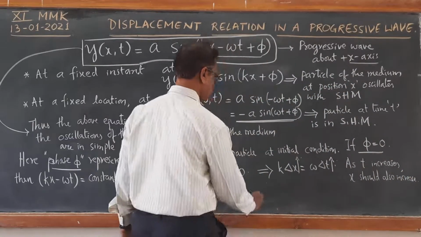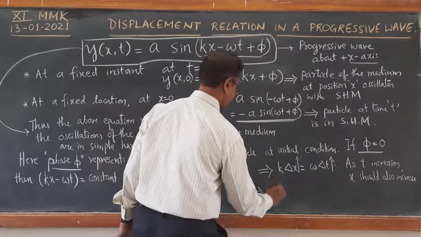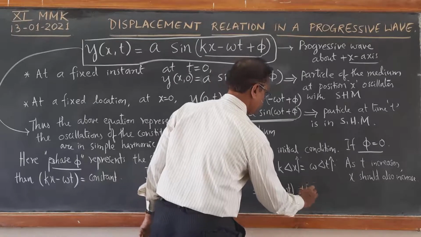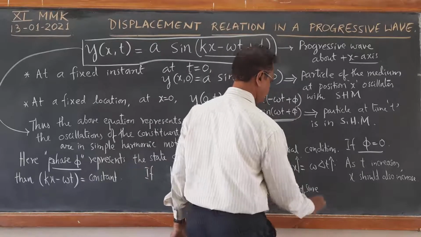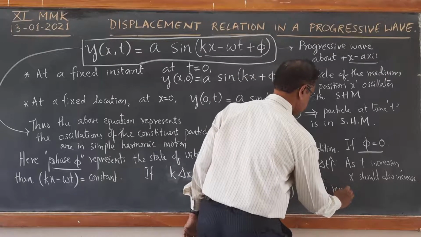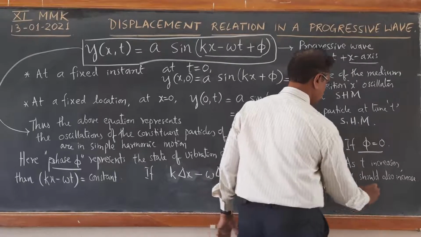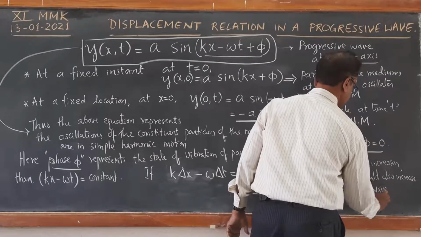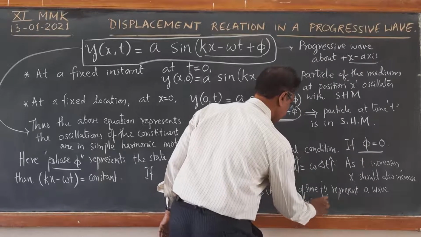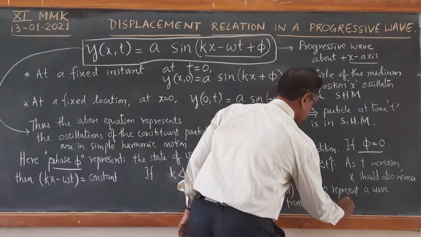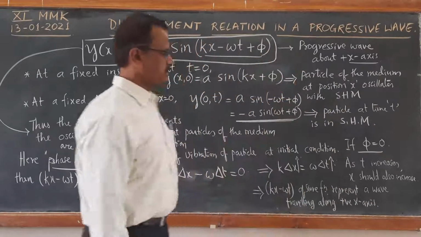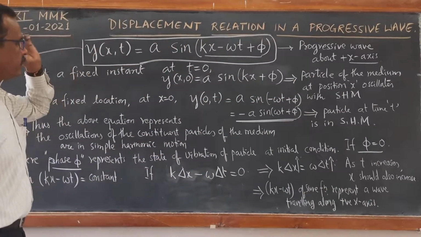So this implies the argument kx minus omega t of sine function represents a wave traveling along positive x-axis. Then what is the equation for a wave traveling along negative x-axis?